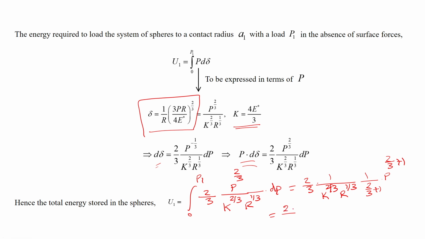So, it is 2 by 5 into 1 by capital K to the power 2 by 3 R to the power 1 by 3, and this goes from 0 to P1. So, it is P1 to the power 5 by 3. This is the energy stored in the first portion, that is U1.